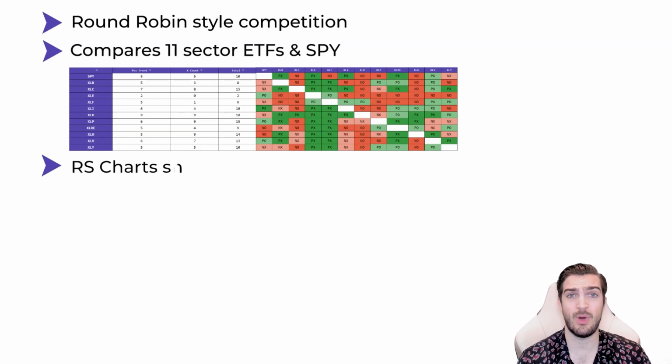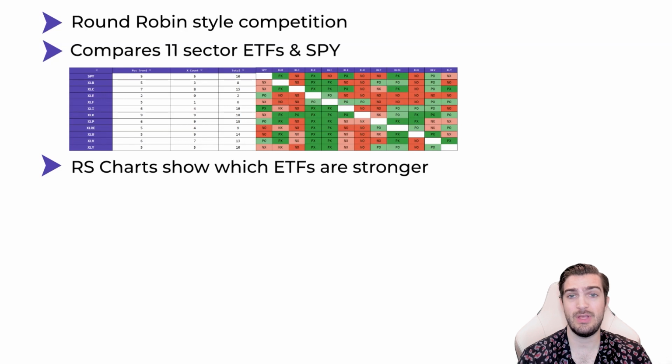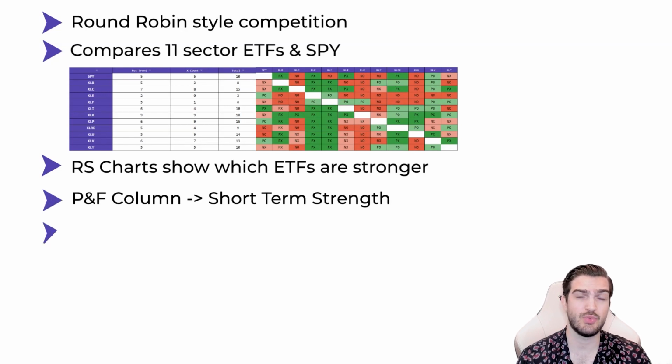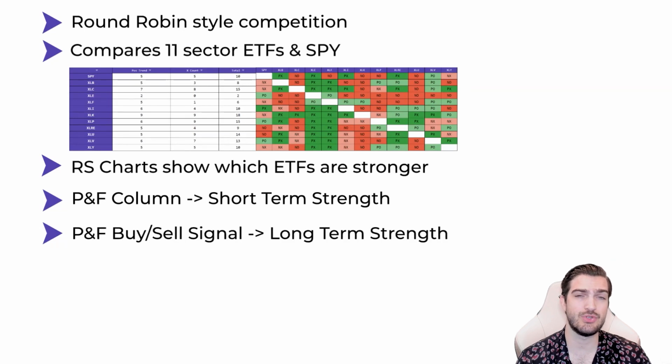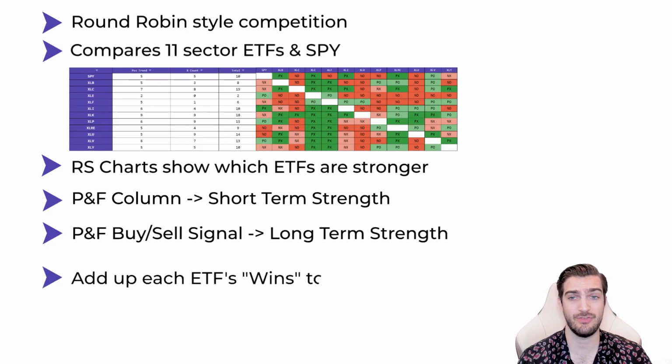By using these 12 different securities, we can use relative strength charts to compare one-on-one each one of these matchups to see which one is leading in the short term, represented by the point and figure column, and long term, represented by the point and figure buy and sell signal. Once we've run all possible combinations of 132 charts, we then add up the total number of wins to get the score for that specific sector.